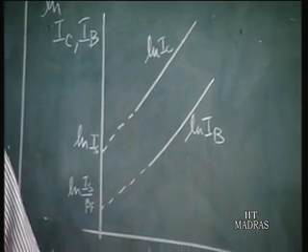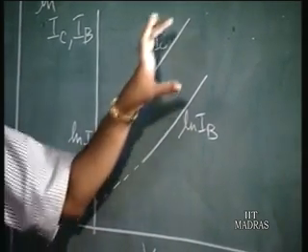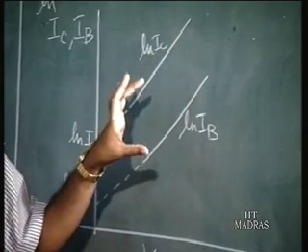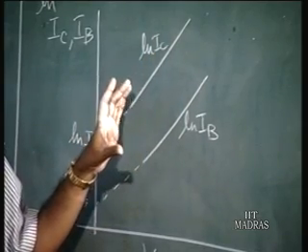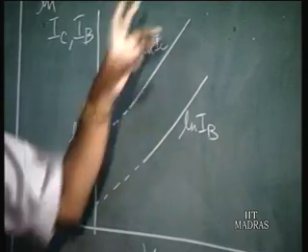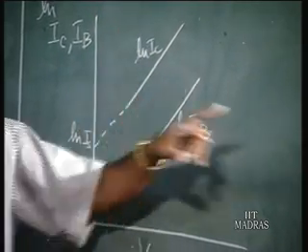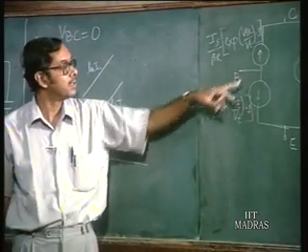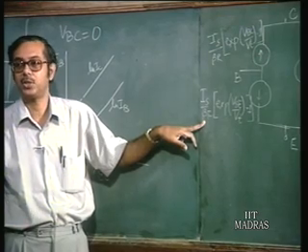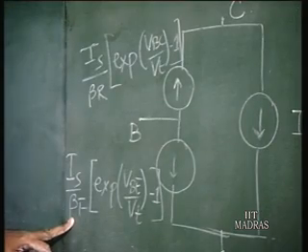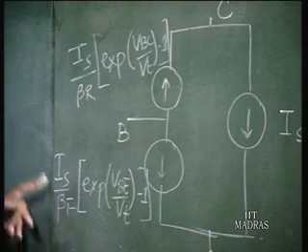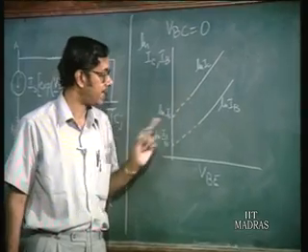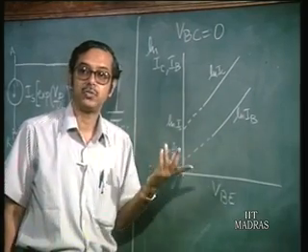So, you have two straight lines and the ratio of these two currents is going to be equal to beta f. When VBC is equal to 0, the base current and the collector current are related, the ratio is beta f. So, the collector current is beta f times the base current. That is the forward beta of the transistor. So, this is how you can find out IS and beta f. How do you find out beta R?